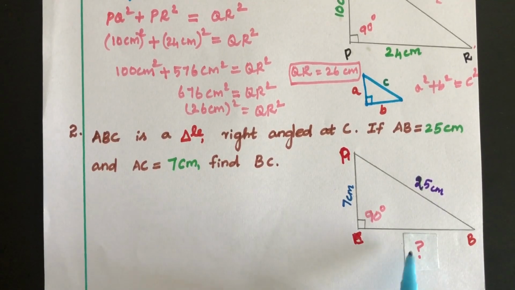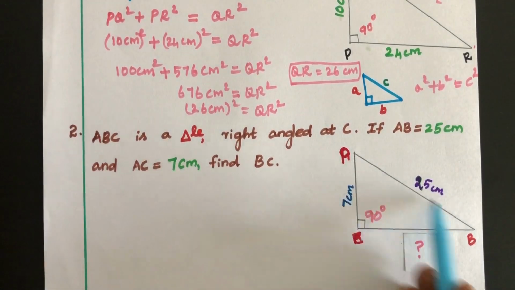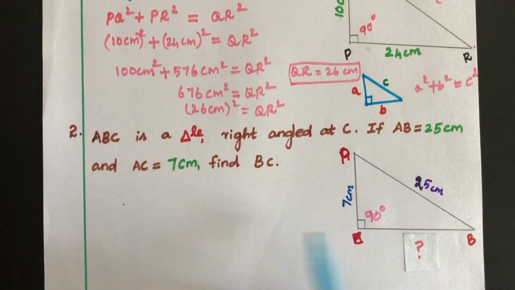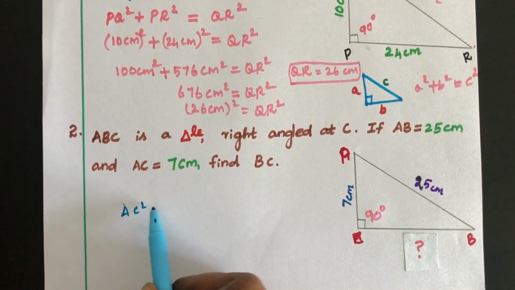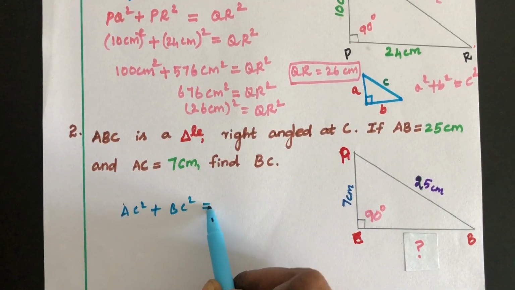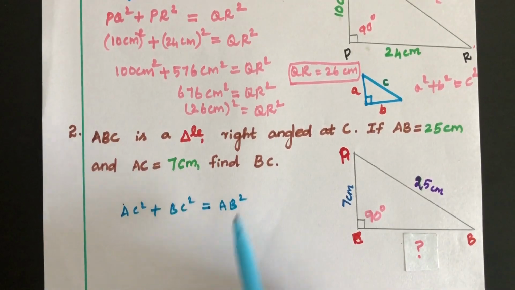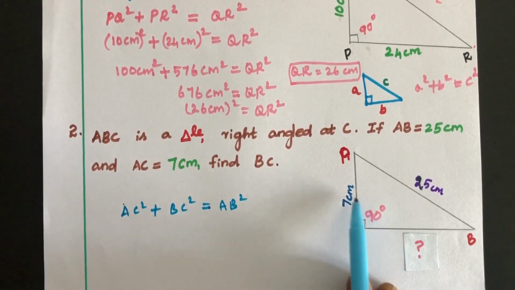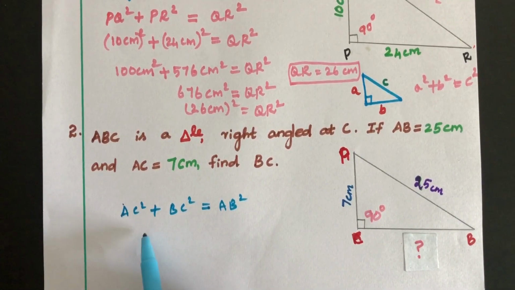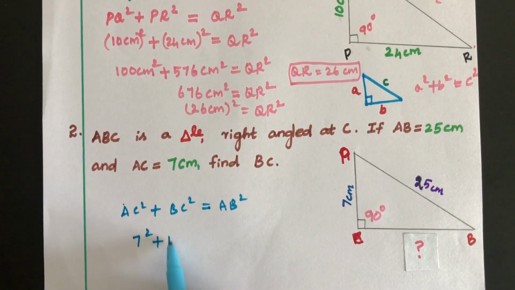What is the Pythagoras theorem? This is the hypotenuse, AB. So AC square plus BC square equal to AB square. Pythagoras theorem, right? The sum of the squares of the lengths of the other two sides is equal to the square of the hypotenuse. So AC square is 7 square plus BC square is equal to 25 square.